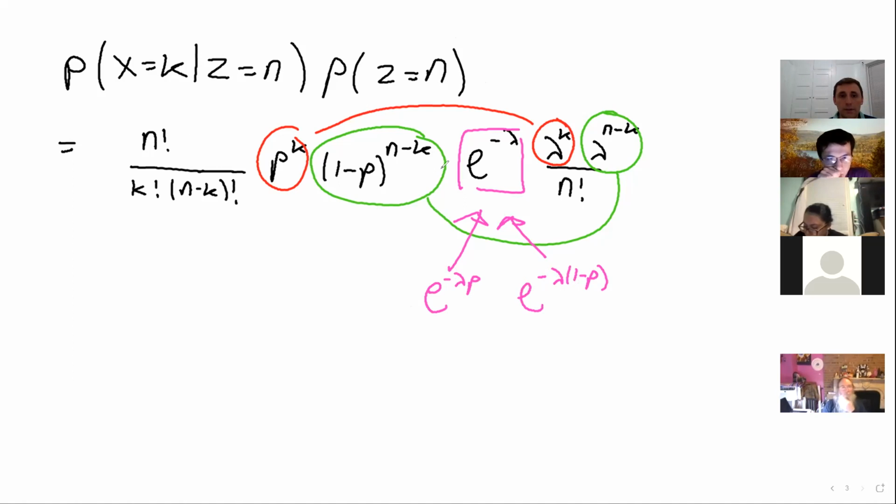So what do we get? We have n factorial, they cross out. The lambdas and the p's combine, right? And what do I get?